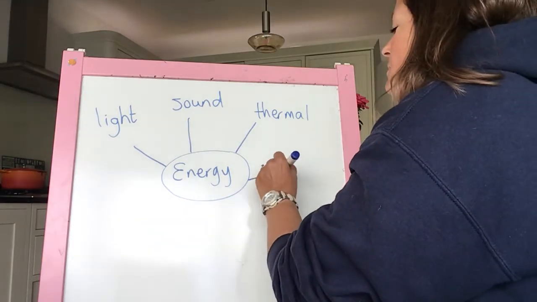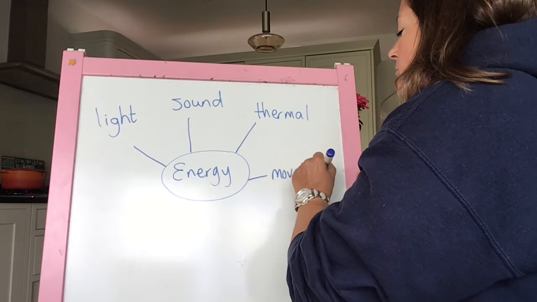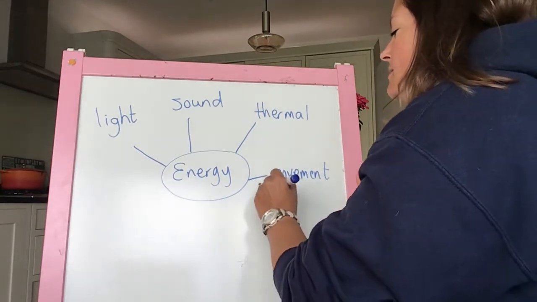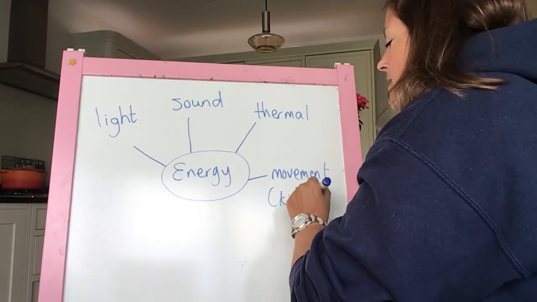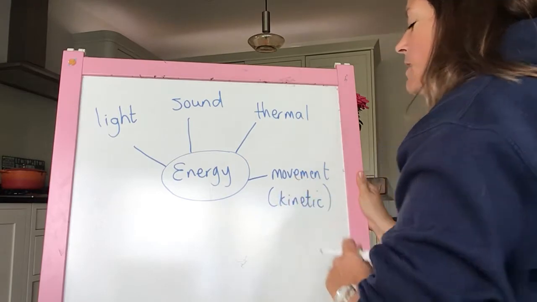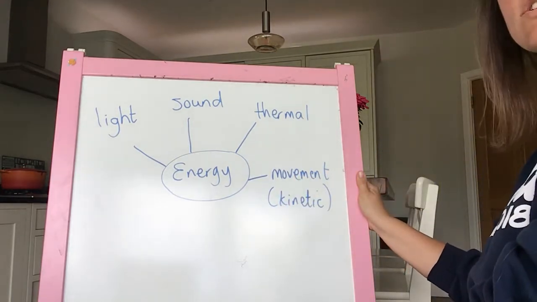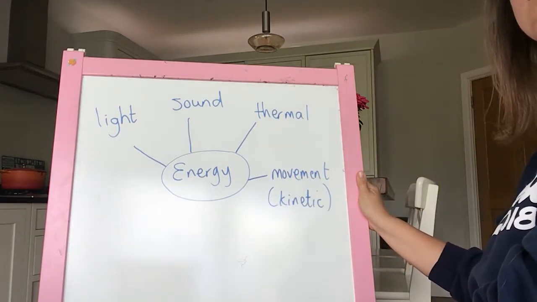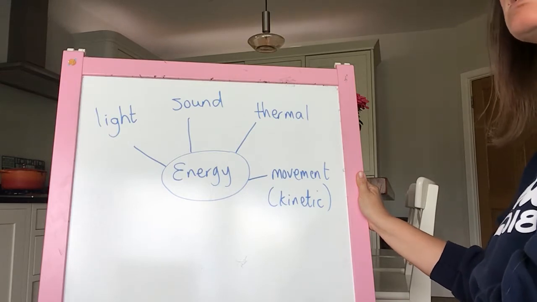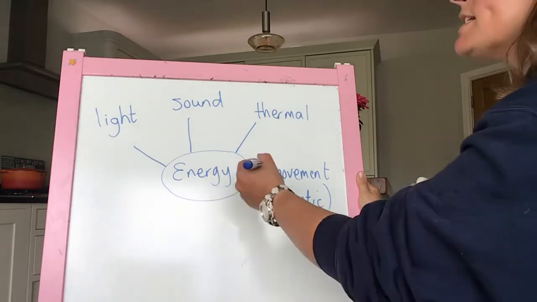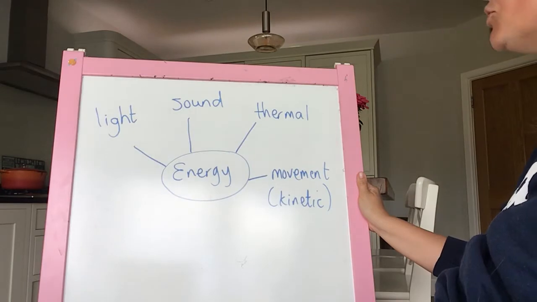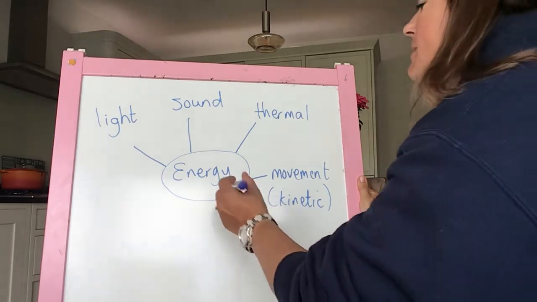So let's put movement, and then in brackets, kinetic. That's an object falling to the ground, a car moving, a horse galloping, me now writing. This is all movement energy, a ball bouncing.